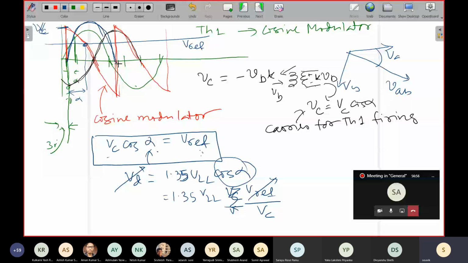This is 30 degrees, VAB lagging by 30 degrees. So VAB is here, somewhere. 1, 2, 3, half. Okay. So somewhere it is here, right?